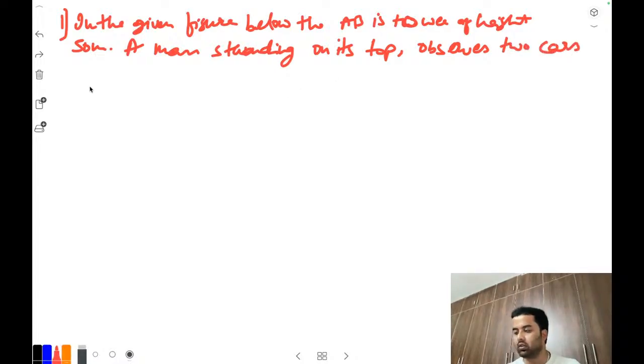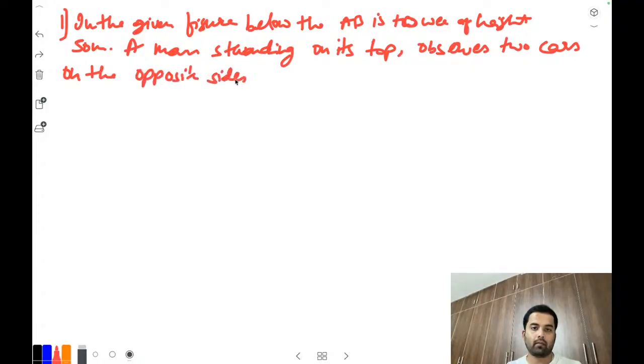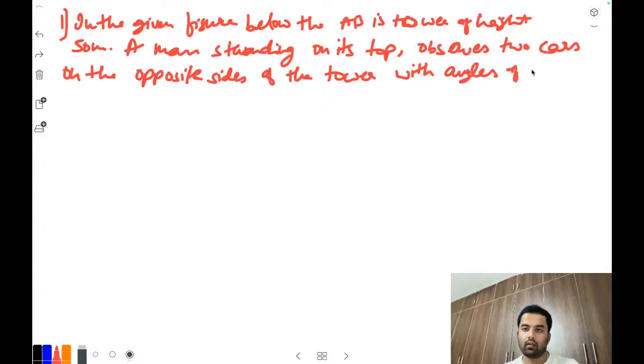Two cars on the opposite sides of the tower with angle of depression.